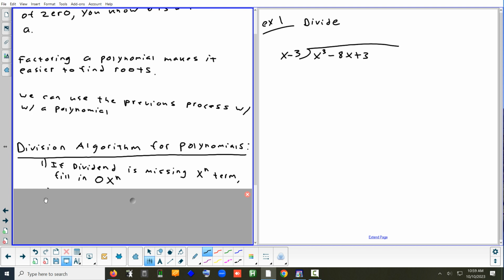Are we missing any term? Yeah. We're missing the x squared term. So we're going to fill in 0x squared. The reason we need to do that is because we're going to have to line things up in like terms. So we need a column for the cubes, squareds, linear, and constant. Okay, so let's make a column for squared.